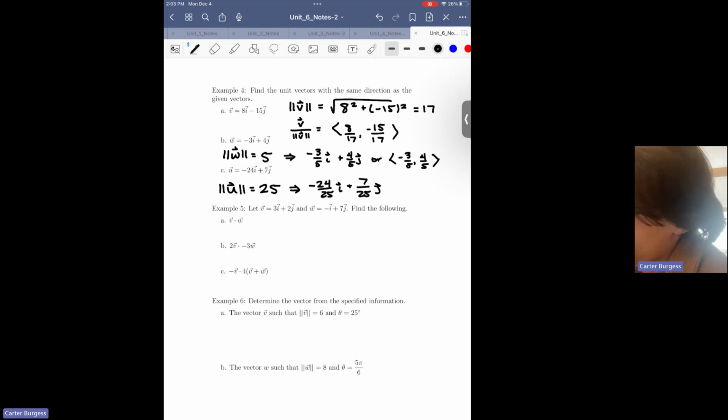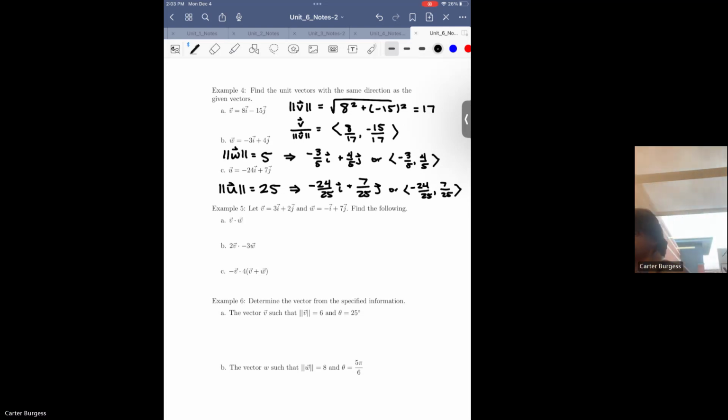This was our component form, and the one that I used here was our ij form, and both of them are perfectly acceptable. Questions with our unit vector stuff?